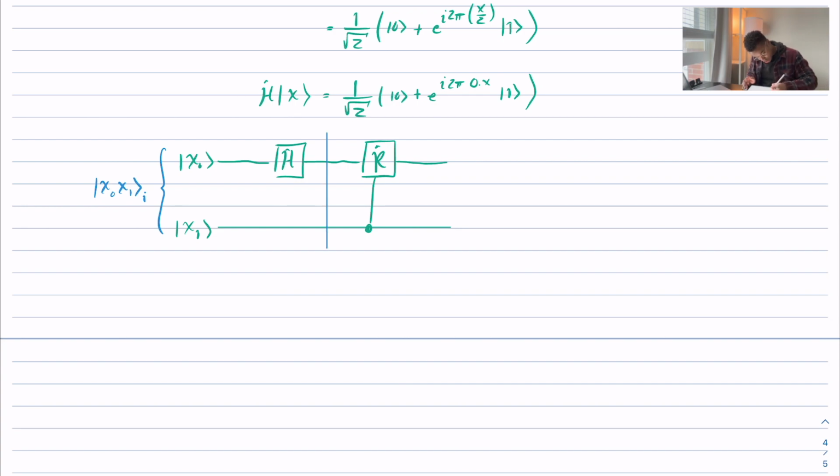And then we'll look at the state after the Hadamard and the state of this circuit after the controlled rotation gate. And we're going to define the rotation gate to be equal to this.